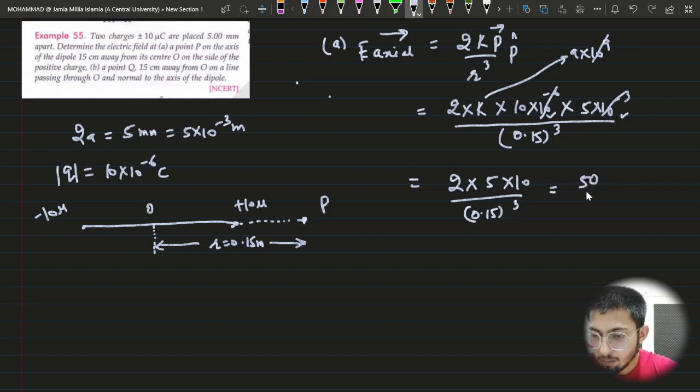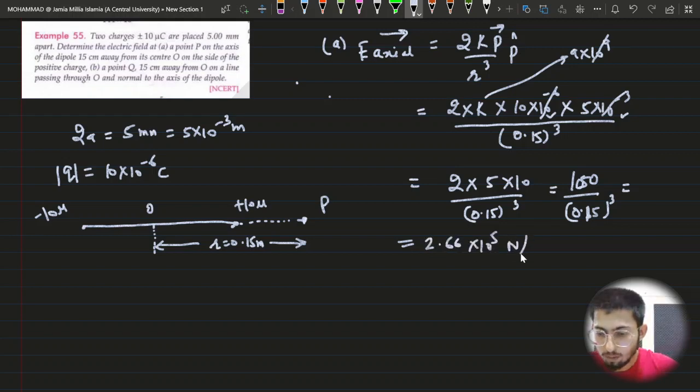No, that's not 5 into 10, it is 100, divided by 0.15 cube. What is the answer? It is 2.66 into 10 to the power 5, and that is Newton per coulomb.